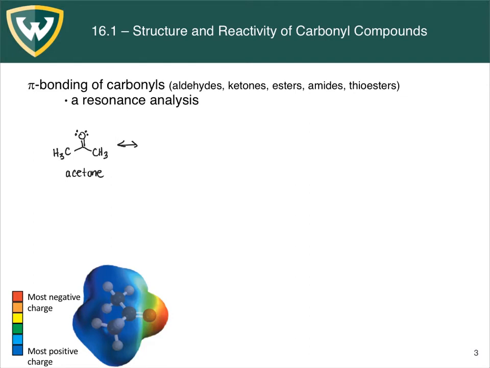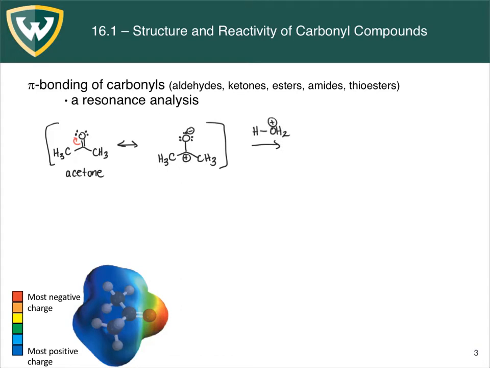When you're drawing resonance structures, make sure to draw an arrow to move the electrons, then draw the outcome of that movement, which is the next structure. So we get this charge-separated form of acetone. And remember, the structure overall is some mixture of these two pictures.